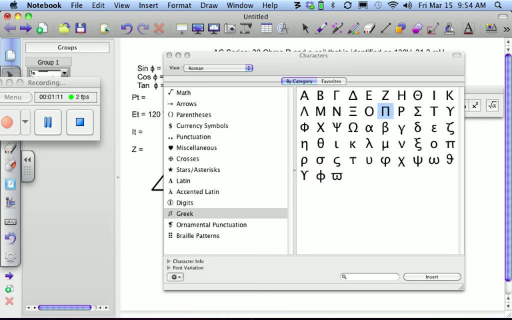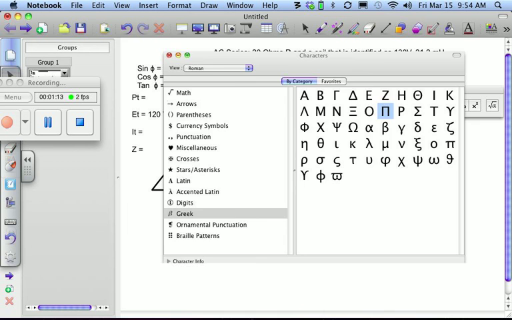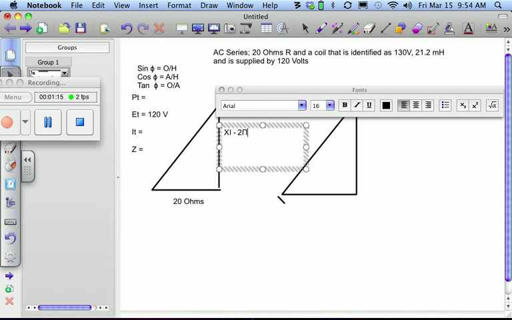That's the ugliest pi I've ever seen. 2 pi FL. And in this case, we know that that is 377. We're going to call this 377, times, we'll just make it a little x.